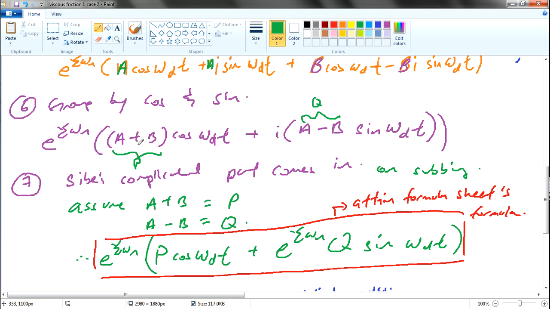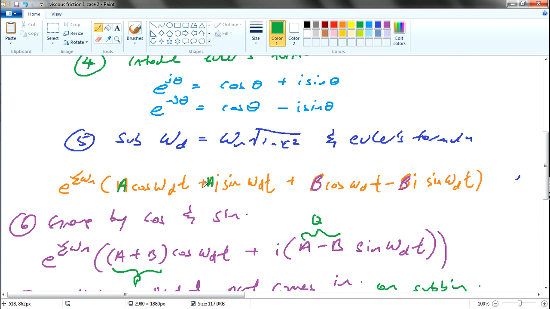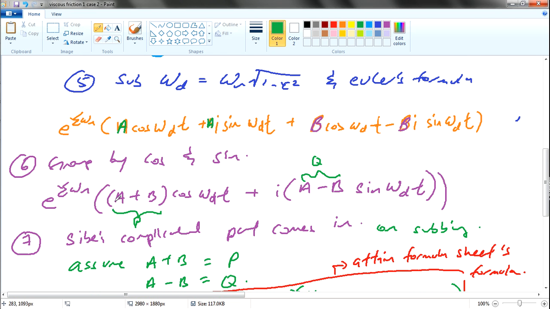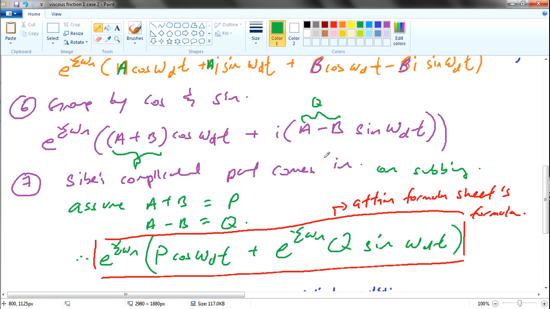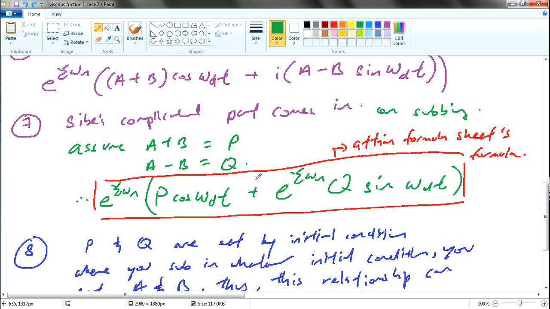So after you apply Euler's formula and group the terms, you take a + b and a − b in terms of p and q. We just change the term only, and q is these things.